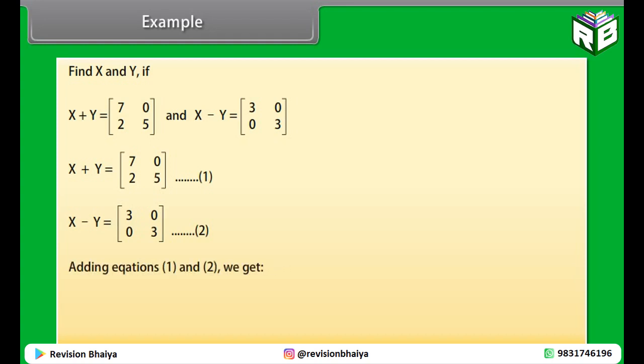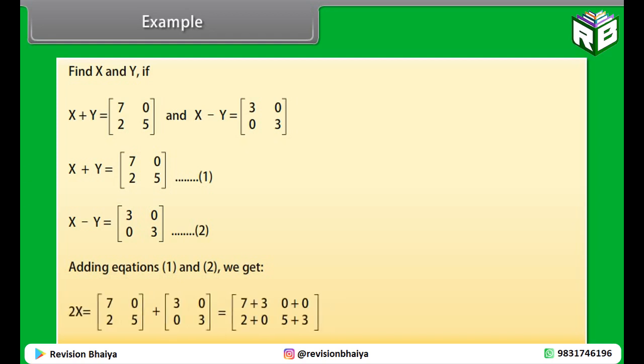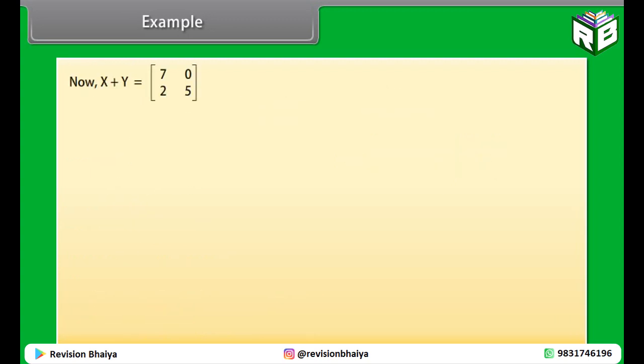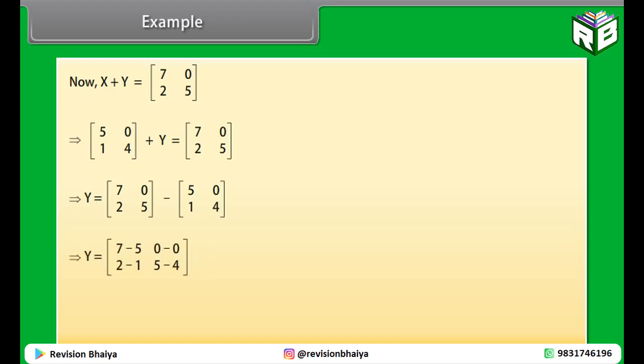Now add the equations 1 and 2, we get 2X is equal to the matrix, row-wise, first row 10 0, second row 2 8. Therefore, X is equal to the matrix, row-wise, first row 5 0, second row 1 4. Now substituting the value of X in X plus Y and solving it, we get the matrix Y is equal to, row-wise, first row 2 0, second row 1 1.